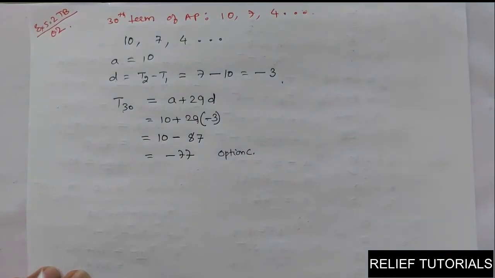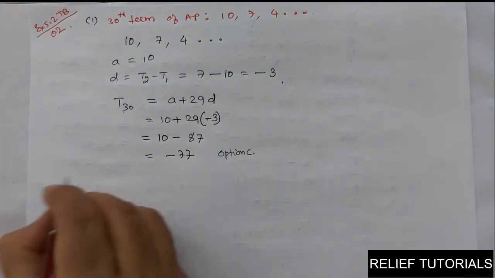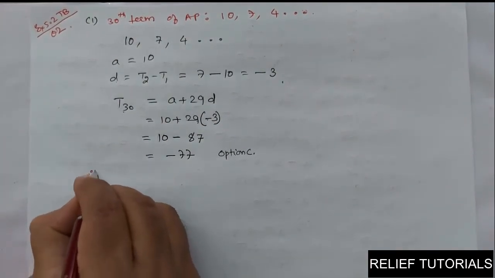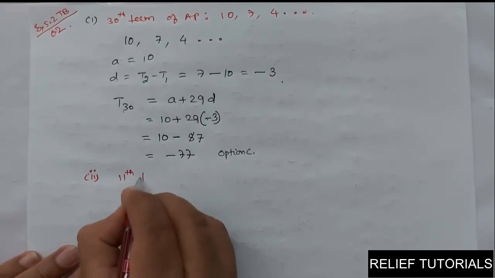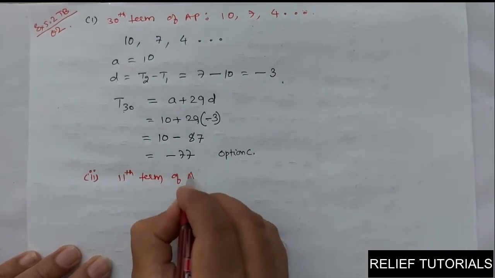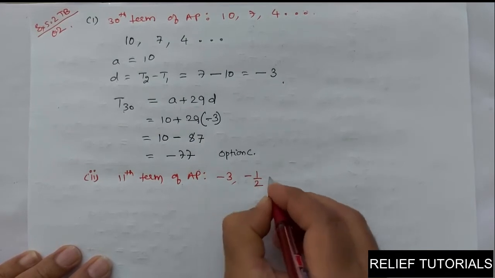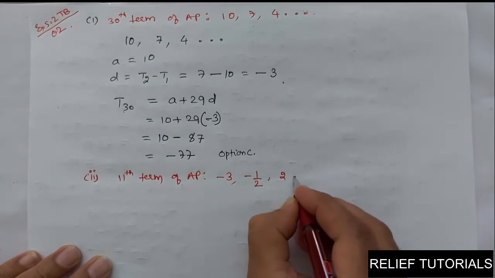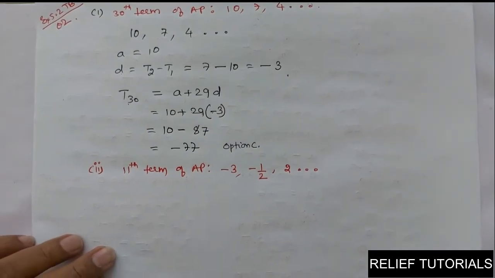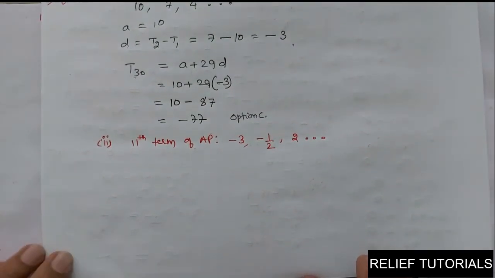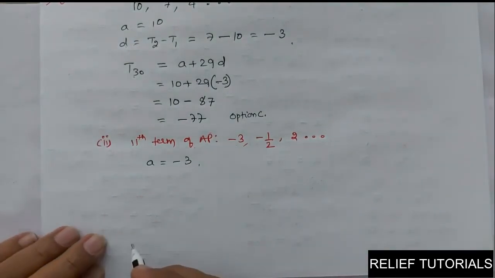Got it? Now the next question. The 11th term of the AP. The AP is minus 3, minus half, 2, dot, dot, dot. Look here. If you look at the problem, you know the first term is minus 3. So I can write A is equal to minus 3.